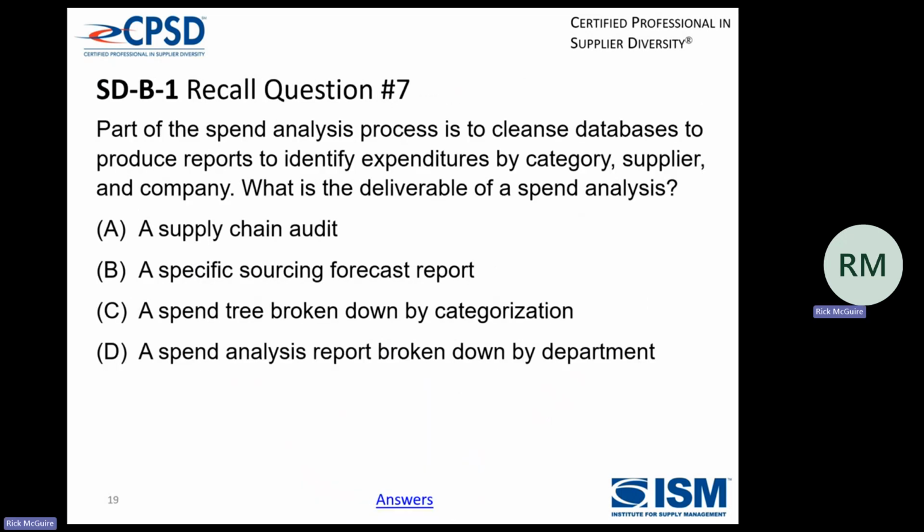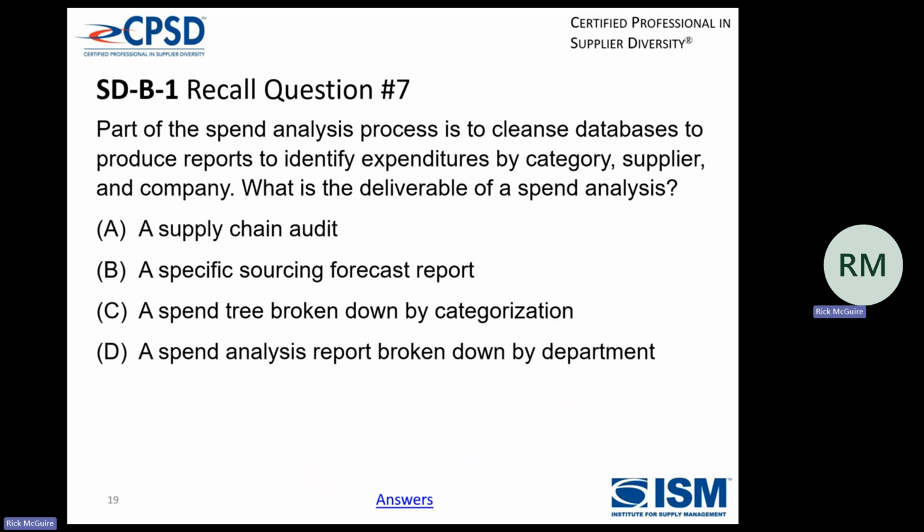All right, so part of the spend analysis process is to cleanse databases to produce reports to identify expenditures by category, supplier, and company. What is the deliverable of a spend analysis? Supply chain audit? No. Specific sourcing forecast report? Maybe.